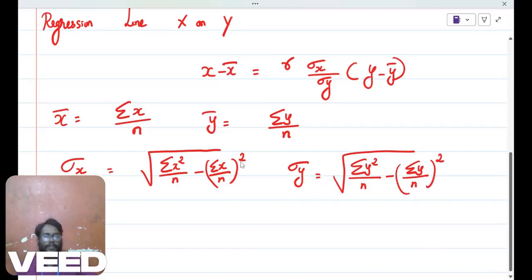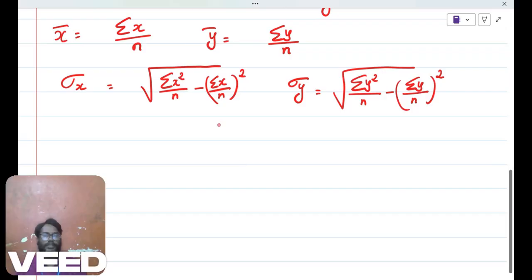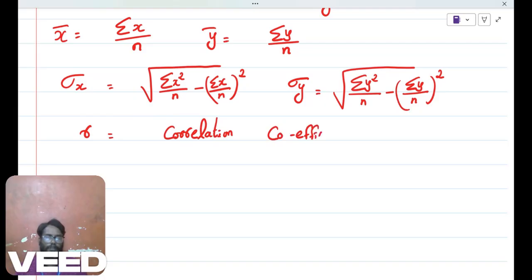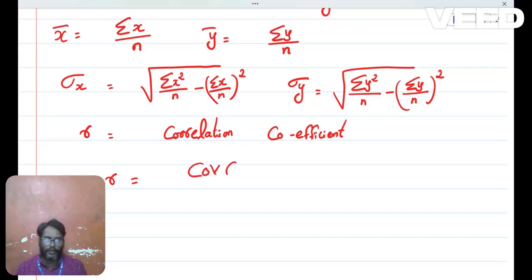Next, how to find the value of r? Here r is the correlation coefficient, and r can be computed using the formula r is equal to the covariance of xy, where cov denotes the covariance, divided by standard deviation of x into standard deviation of y.